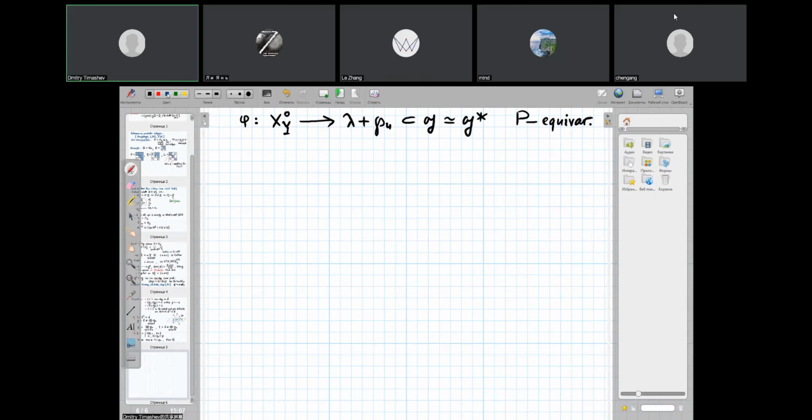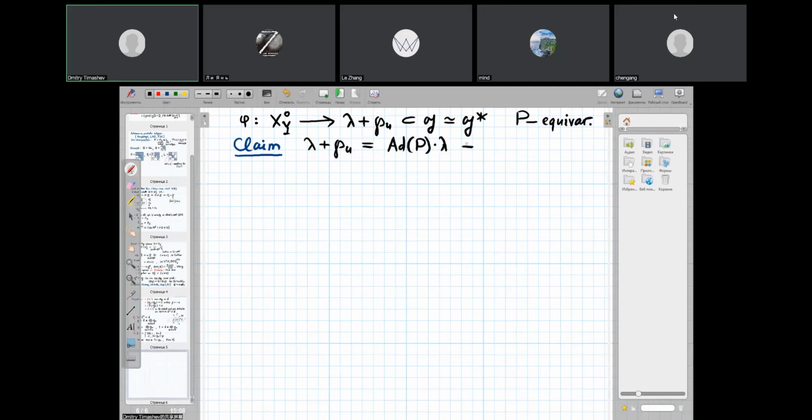Now I need the following claim. This shifted subspace, lambda plus the Lie algebra of PU, is a single P orbit, the adjoint P orbit of the vector lambda.